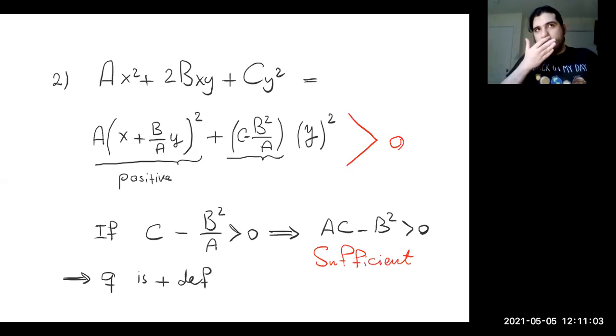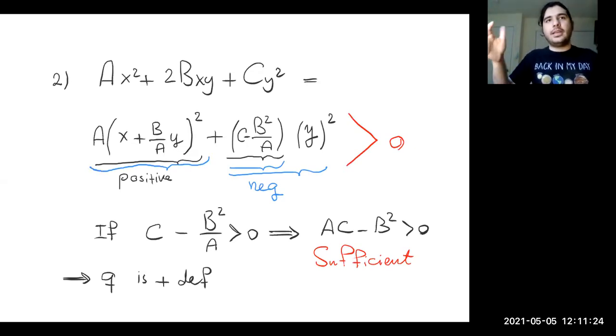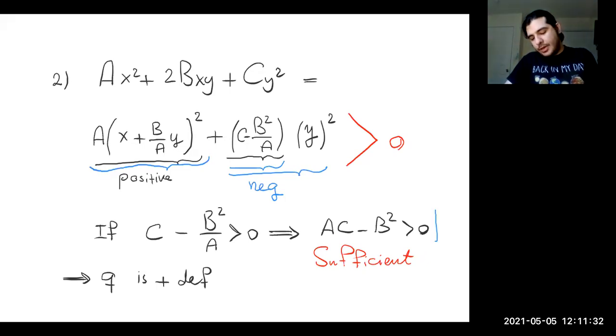But conversely, does it have to be positive? So maybe this is not positive, maybe sometimes it's negative. So this thing is negative, but this other thing is positive and it's so large that it cancels the negative part and still the sum is positive. Is that possible? In other words, is it necessary for this term to be positive?